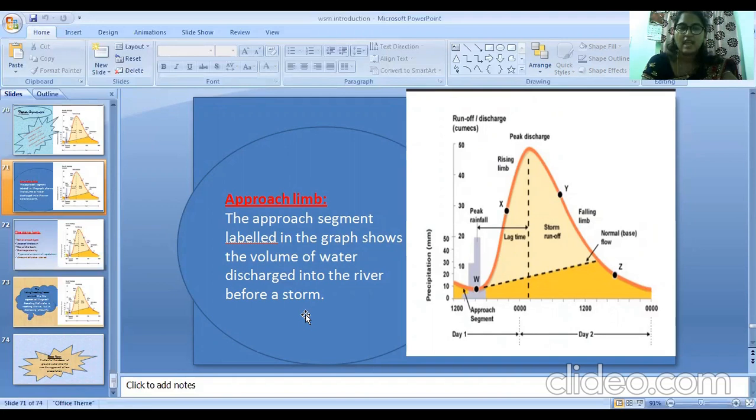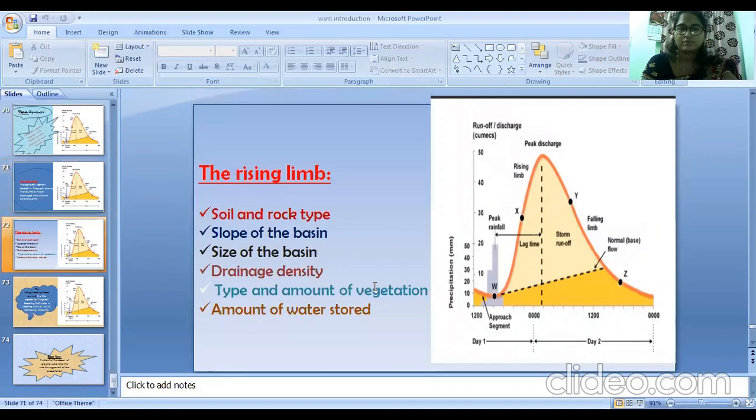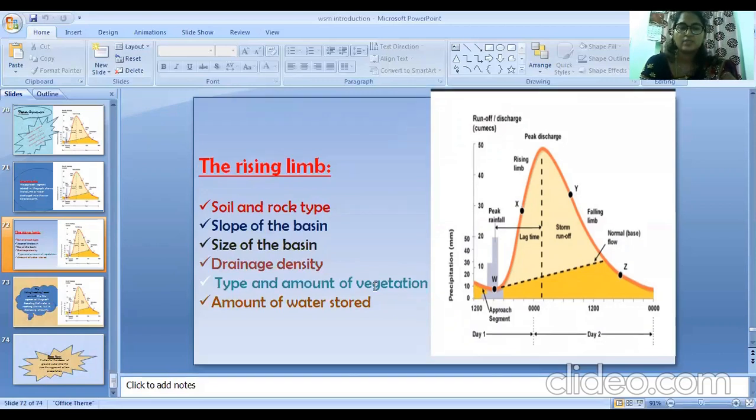Lag time refers to the period between the maximum precipitation and peak discharge in the rivers. The factors are soil and rock type, slope of the basin, size of the basin, drainage density, and type and amount of vegetation.